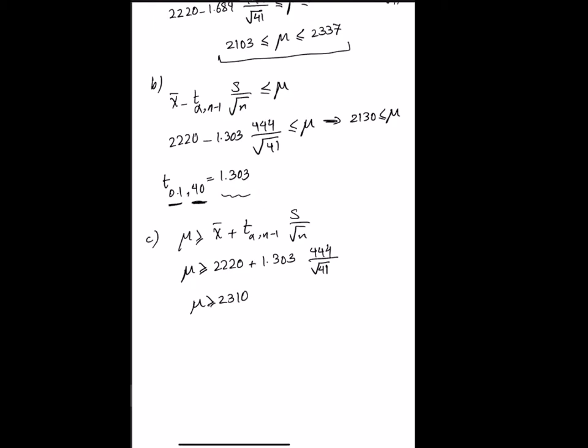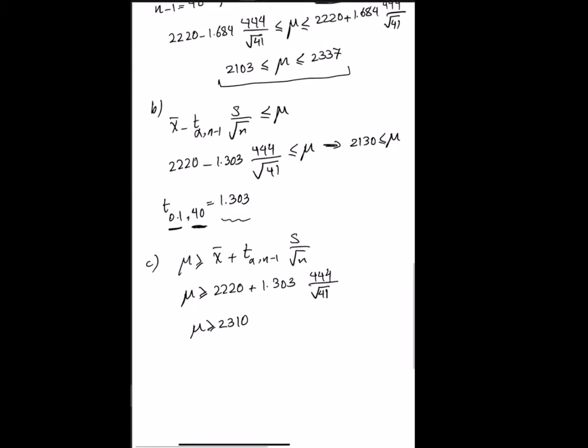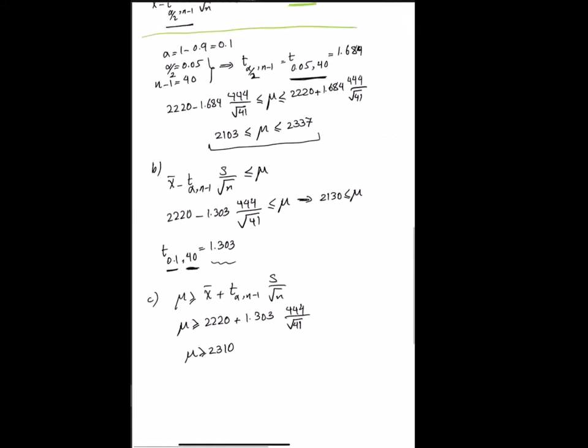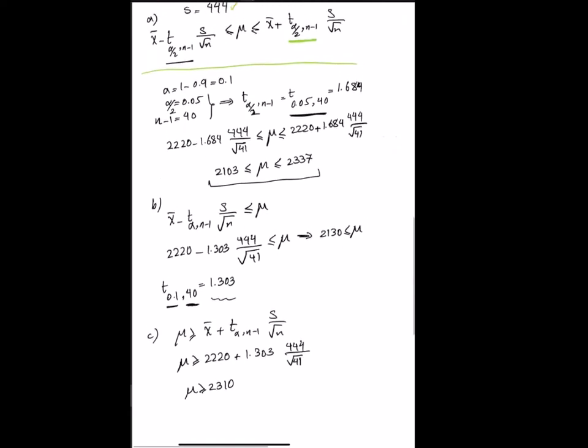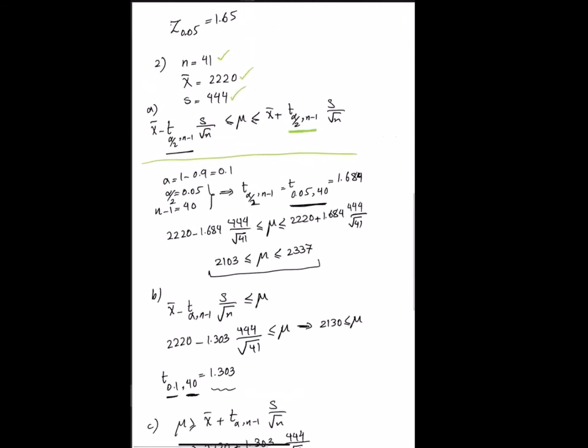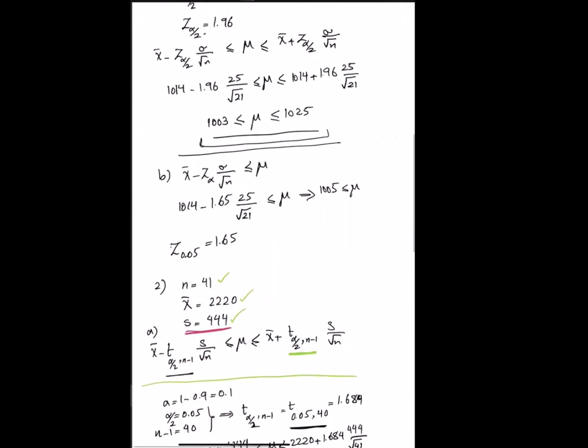Okay, so those are the scenarios when we calculate the confidence interval if the standard deviation of the population is not known, but we have the standard deviation of the sample. Make sure you read the problem carefully.